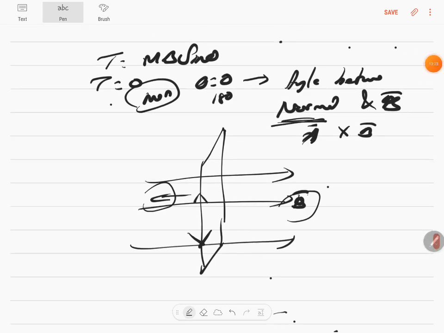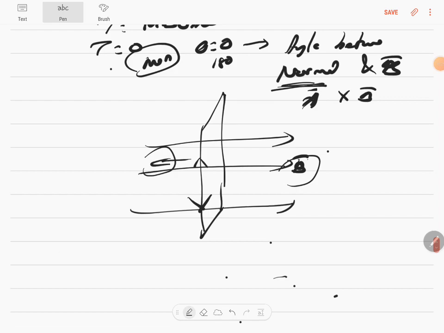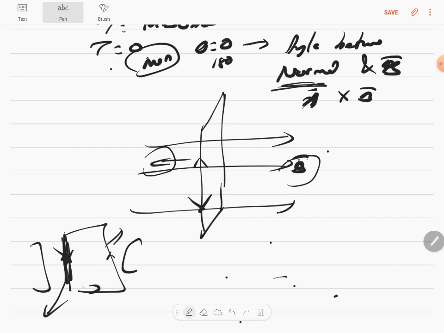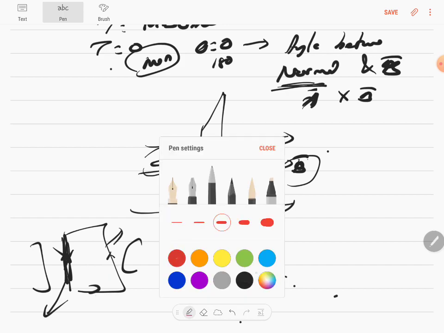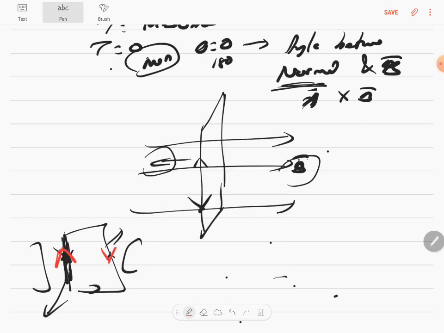Okay, let me explain. We have already studied the rectangular coil in which, if the current is going in the anti-clockwise direction, this will come up and this will go down. But this is like the other way, the current is in this direction. So we can straight away say that this is going to go down, and this end is going to come up.